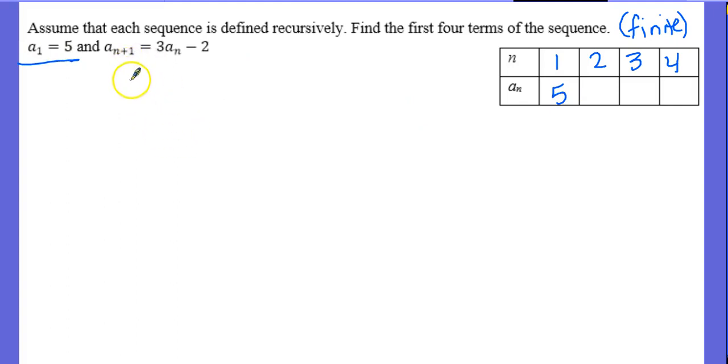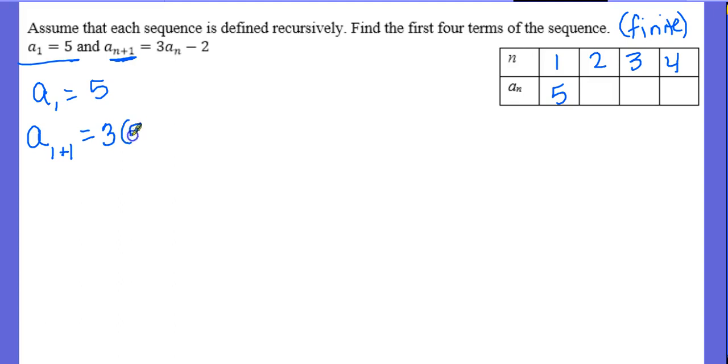Our rule is, to get to the next number, we take 3 times the number before and subtract 2. Here's what it means. We have A sub 1 equals 5. To get to A sub 2, I'm going to take the A sub n plus 1, that's this part right here, and plug in the A sub 1.